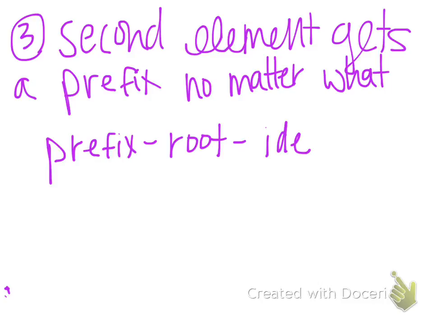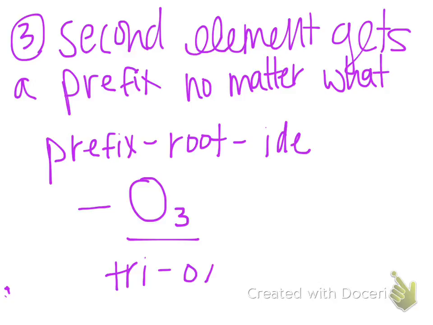So the first element keeps its name unless it gets a prefix. The second element goes prefix, root, IDE. Okay, so if I have something that looks like this, if this was the second part of my compound, how would we name that part of it? Trioxide. Okay, trioxide.